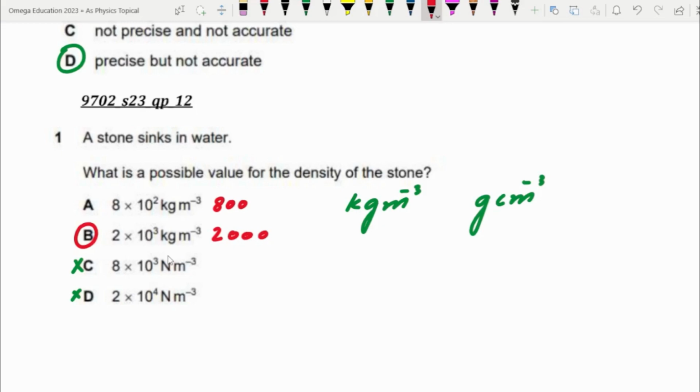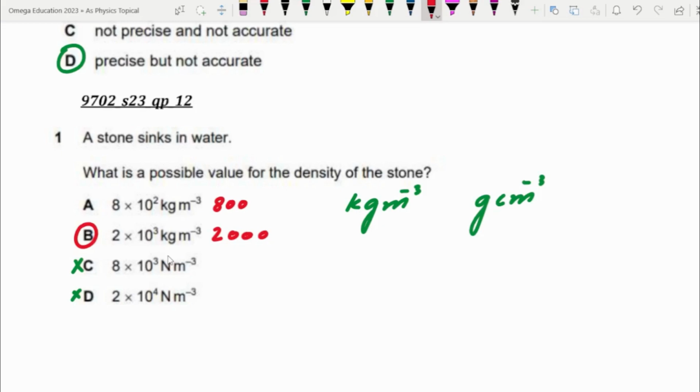And they cannot give you two values in such a way that both of them are greater than the density of water. Otherwise you would have two correct options. So there would be only one correct option, and which one?